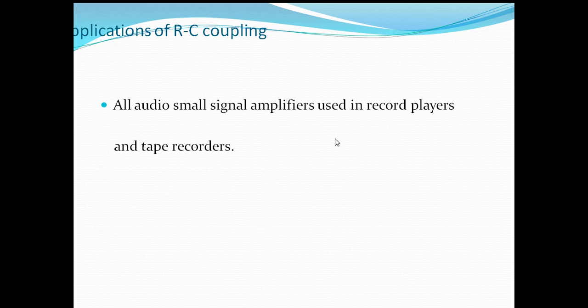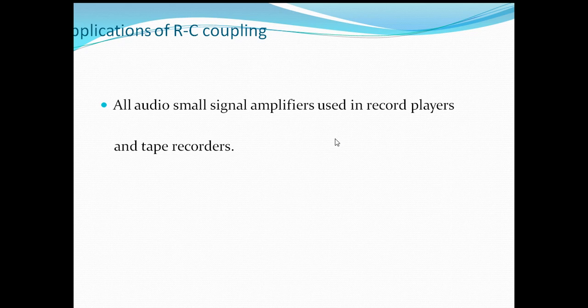Next, all audio small signal amplifiers used in record players and tape recorders. As we know, earlier we used tape recorders in order to listen to music, that is audio signal, and record players for recording purposes. So in all audio small signal amplifiers, the RC coupling network is used.